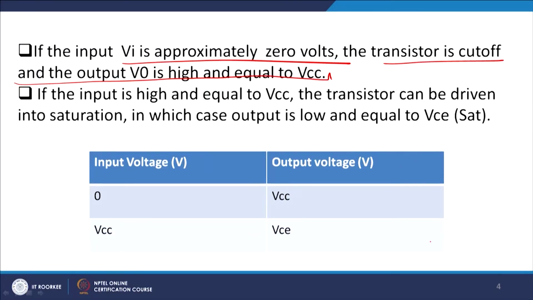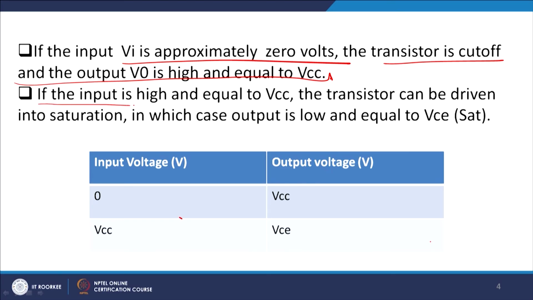Okay. So, with this knowledge or with this basic criteria, we have therefore understood the basic concept of a simple BJT inverter, how it works and what the various features of a BJT inverter are. Therefore, as I discussed with you, if the inverter input Vi is approximately 0 volts, the transistor is cut off and the output voltage VO is high and equal to VCC. So, when your input is low, output is high.